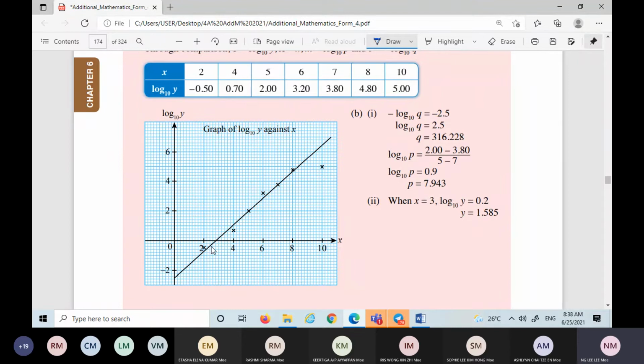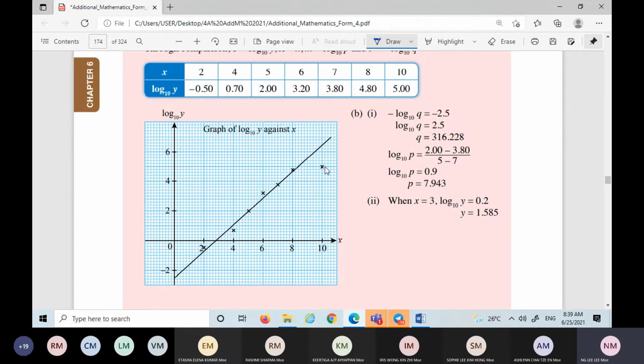Then at the end you extend, and then you see your line didn't cut the capital letter Y axis. Then you got to erase the whole thing. So don't draw your graph too low. Try to adjust it a little bit up so that you have space in case this kind of thing happens.